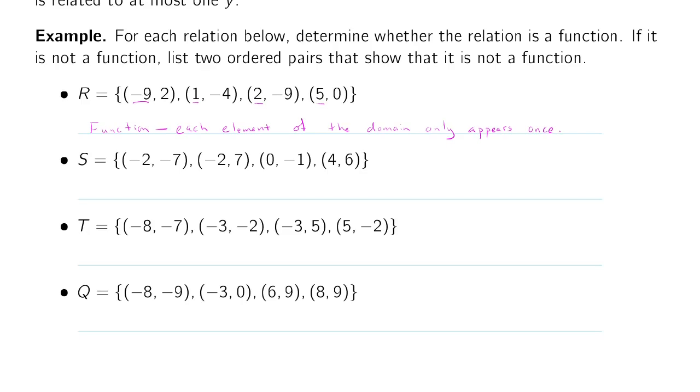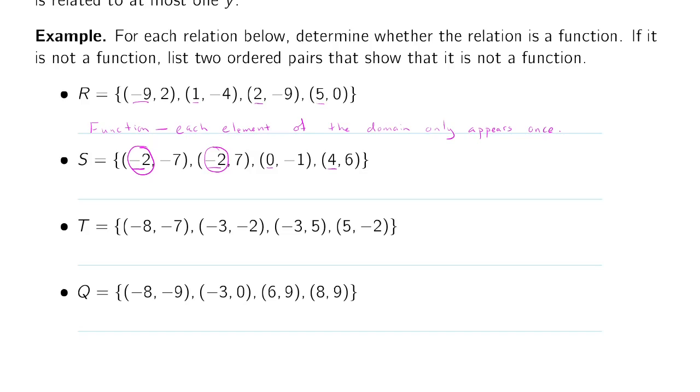Next, let's look at this relation S. And again, to determine whether it's a function, we're just going to look at the domain elements. And here we see that -2 appears twice. -2 appears with -7 and also with +7.